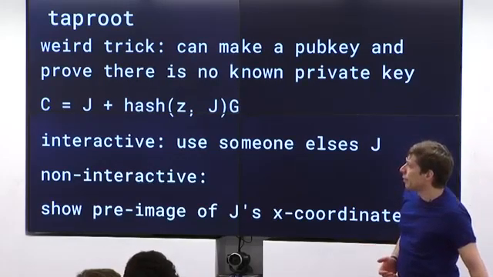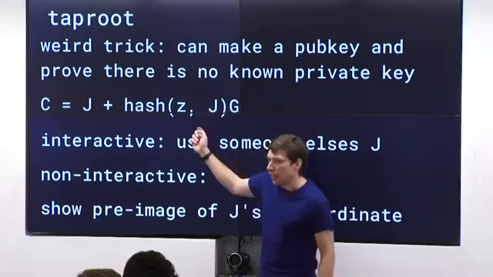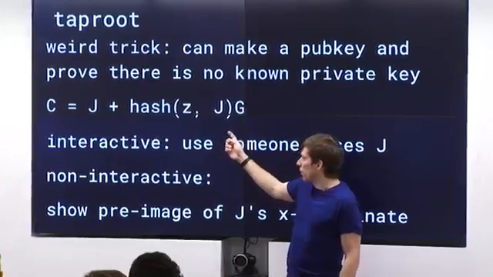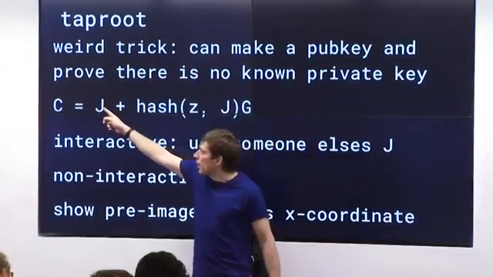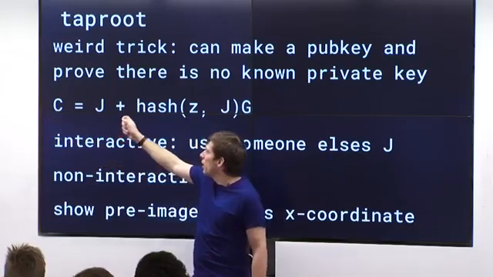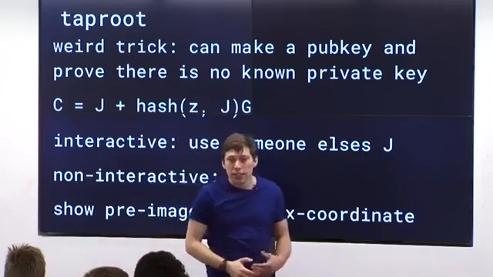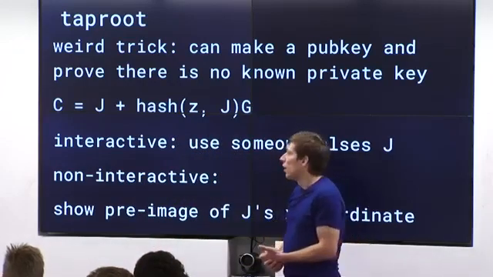That's a way to prove to other people that there is no J, right? It's a point on the curve, but it's a random point on the curve. So there's no way I can sign with C, right? I send to pub key C, and I prove to you, look, C is not a key that anyone can sign with.